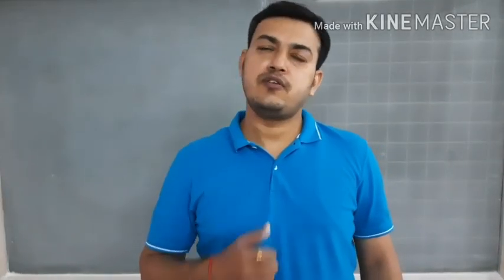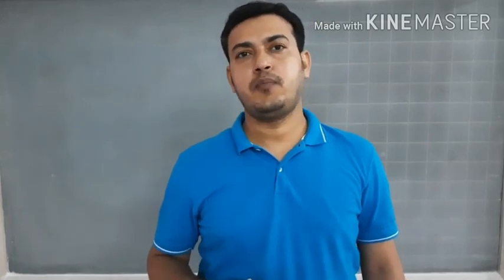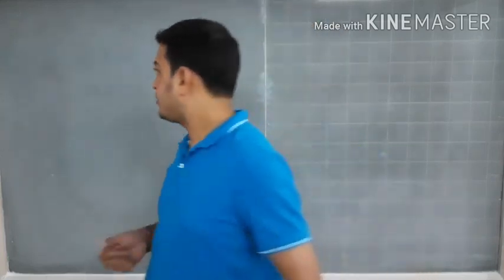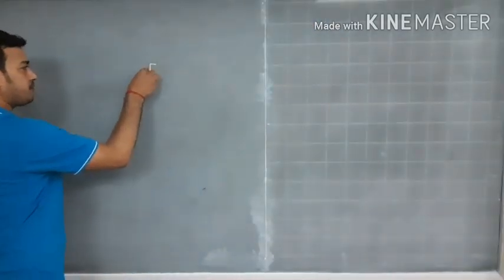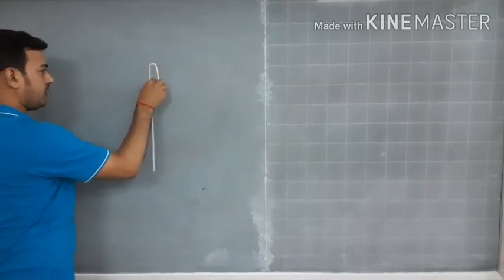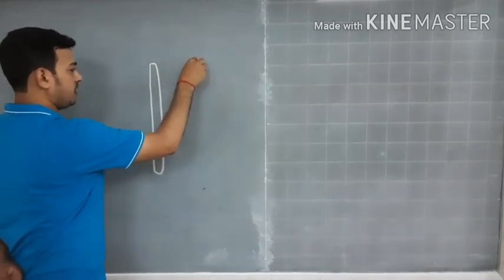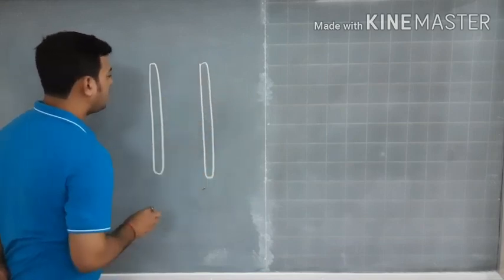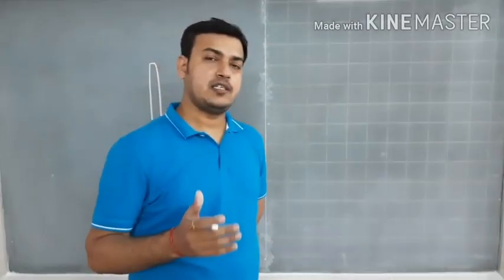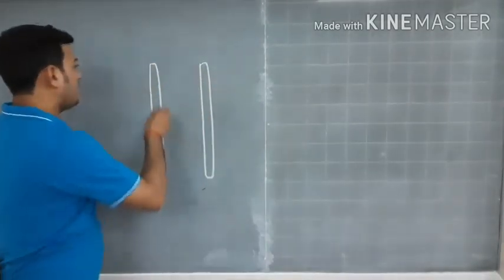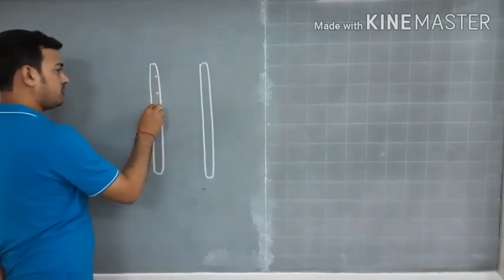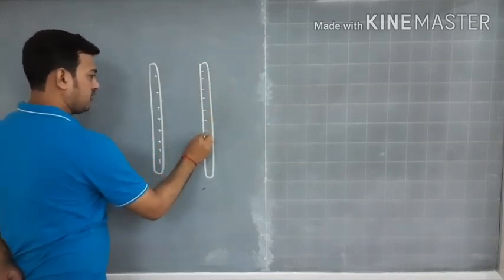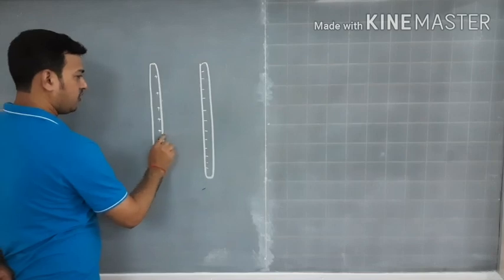Now I am going to discuss a case when two oppositely charged plates are placed close to each other. So if I am having two plates that are a little thick and they are oppositely charged, then as we know that opposite charges attract each other, most of the charge will be on the opposing faces of these sheets.